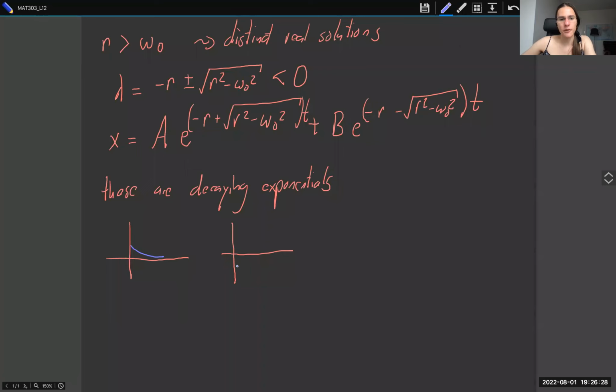And what that looks like is you start somewhere, and then you have exactly one crossing, and then it decays exponentially. And then it never crosses again. That looks like it's going up. I'll redraw that.